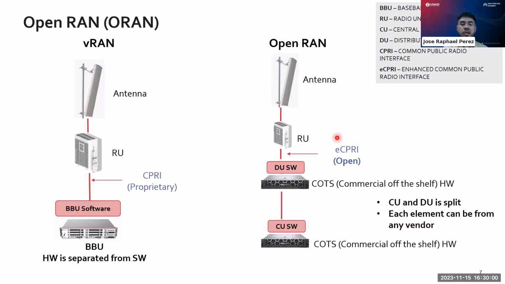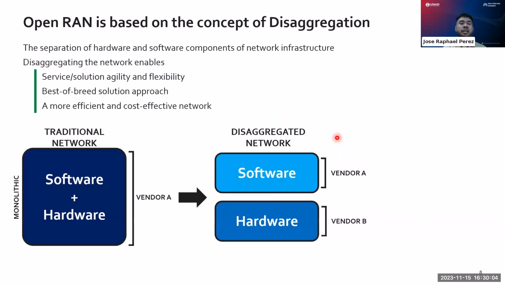So Open RAN is based on the concept of segregation, wherein it is separating the hardware and software of a certain infrastructure. It enables the telcos to have a more flexible and agile solution. For this, we can mix and match our components, picking the best solution per component.